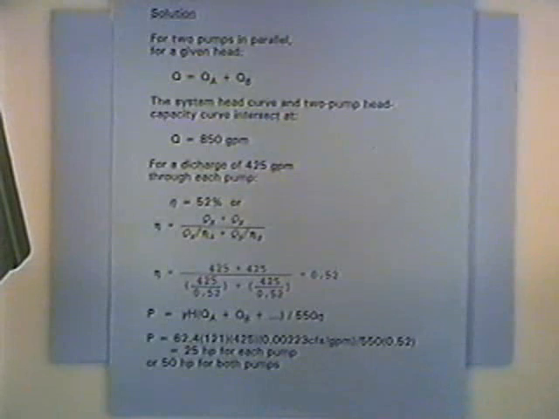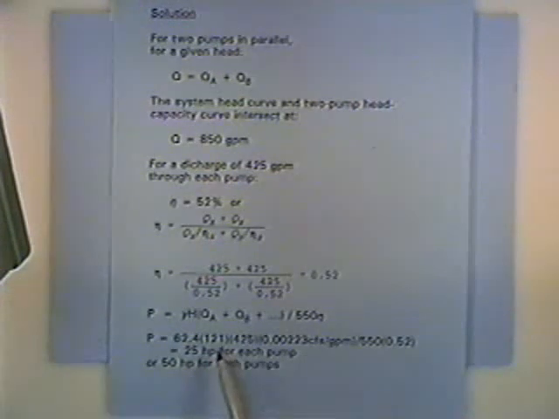As far as the power, the brake horsepower required to run those pumps, you plug into the power equation the unit weight of water times the head, and for our problem, we can do it either for both pumps or one pump and combine the power.